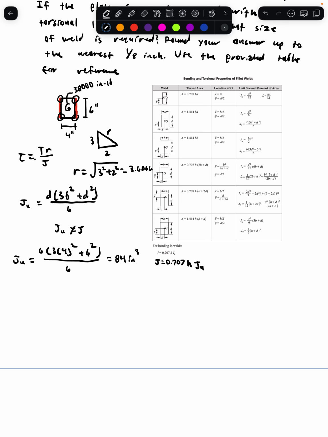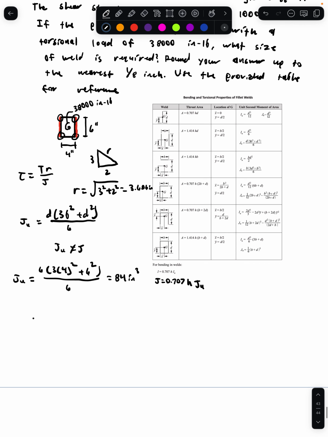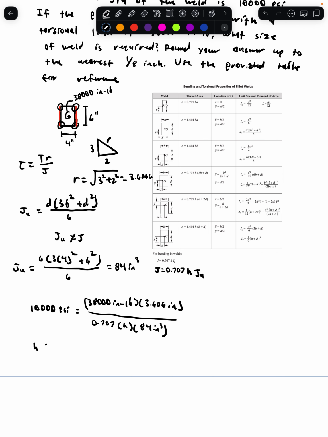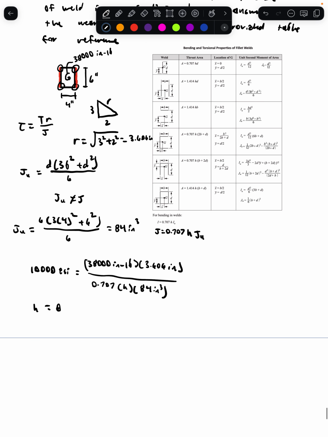Now, if we fill in our values in this equation, we have our shear strength that we need to reach, 10,000 psi, and that's going to be equal to 38,000 inch-pounds, times the radius that we found, which was 3.606 inches, divided by our polar moment of inertia, which is 0.707 times h times our J sub U. We're solving for h, so if we rearrange that and plug in these values, we get 0.23 inches.